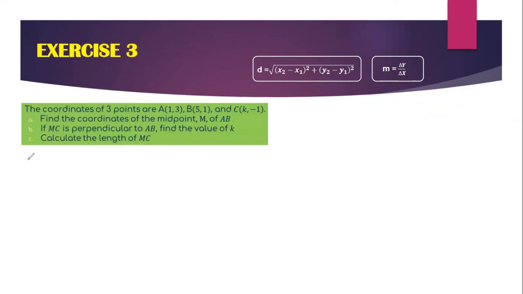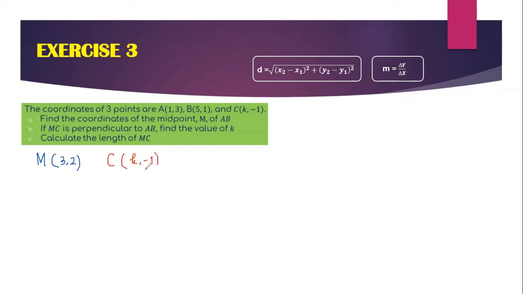From the question A and B, we got extra information. The M coordinate is (3, 2), right? And coordinate C is (k, minus 1).